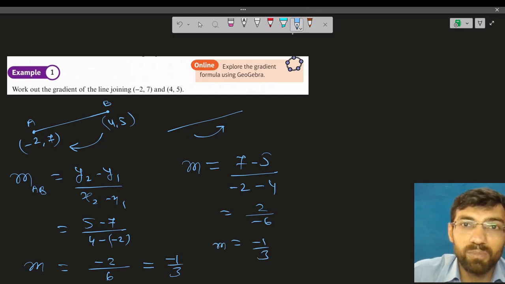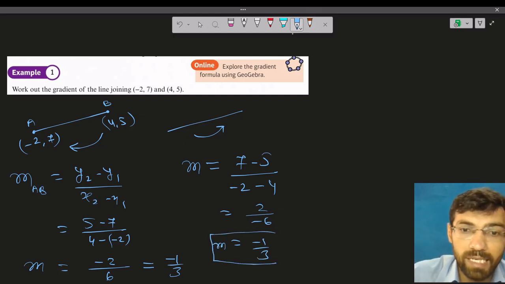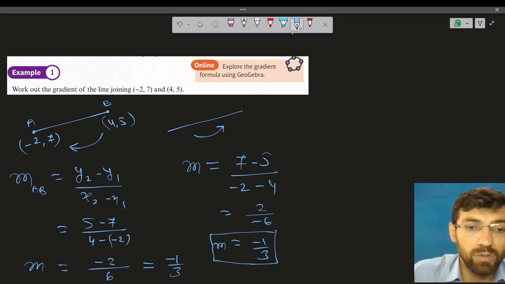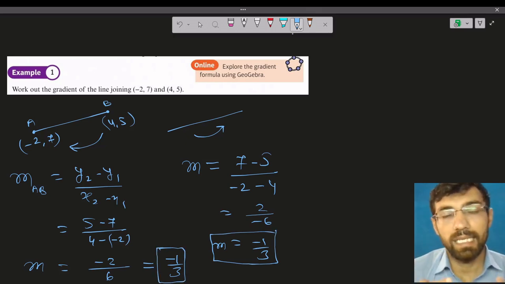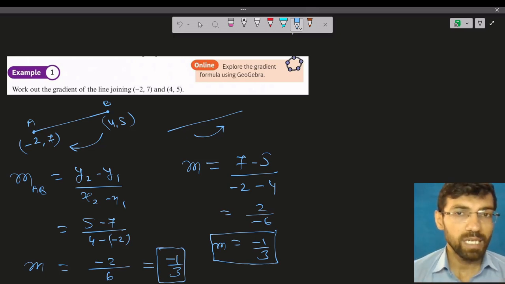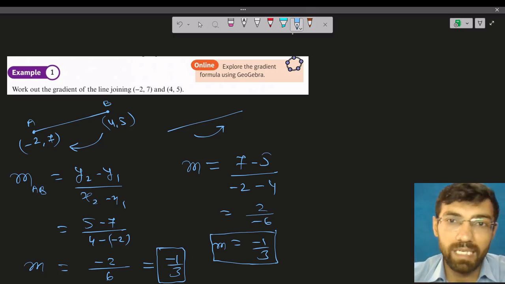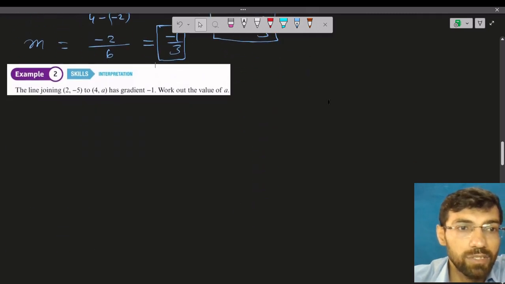What is the note point? Keep your direction as anyone, just note that in whatever direction we subtract y, in the same direction we have to subtract x also. Let us take the next question.